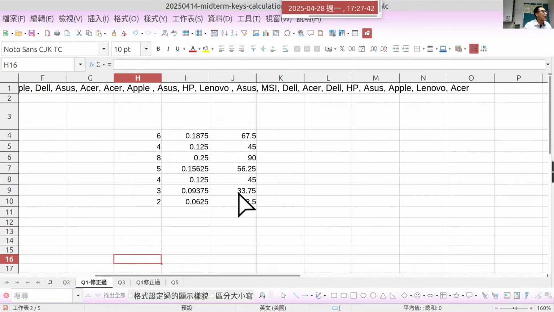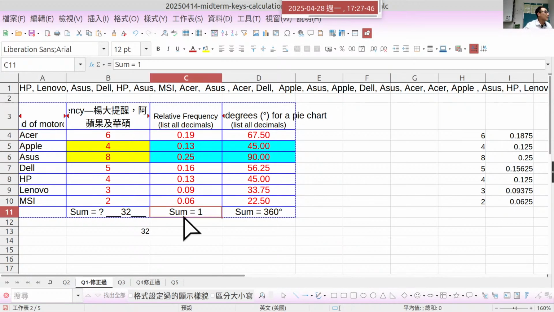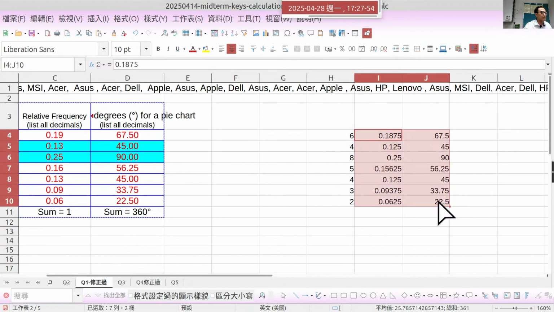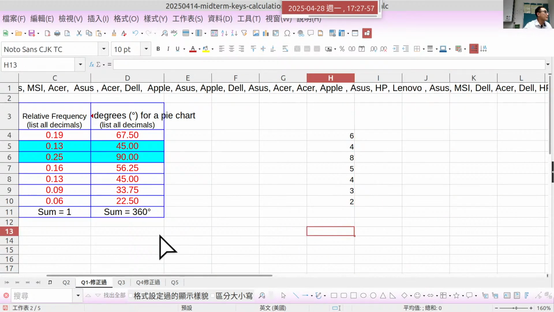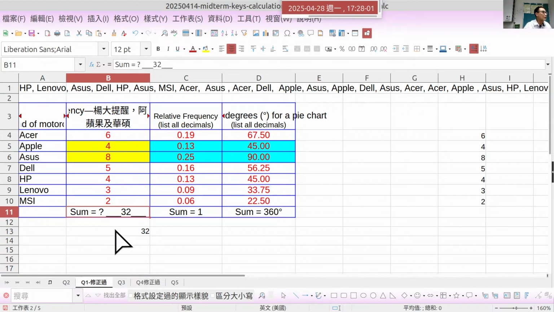Like this one. And how can you get the other one? The first one, relative frequency. That frequency lists all decimals. And how can you get this one? The frequency sum is 32. How can you get 32? It's very easy.